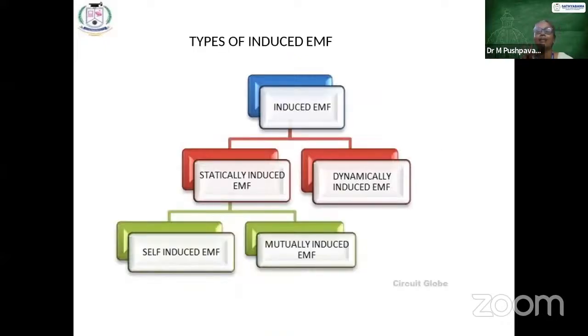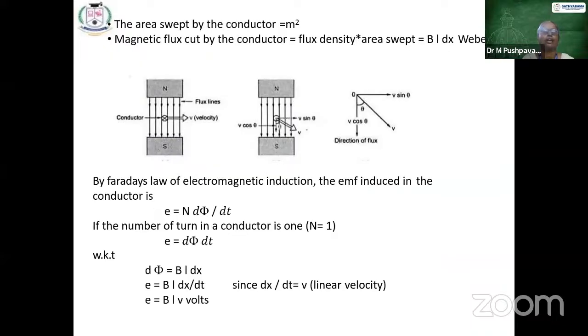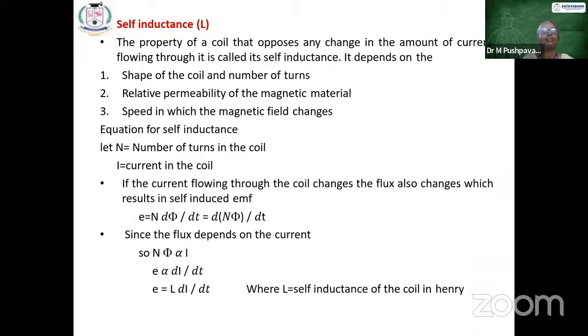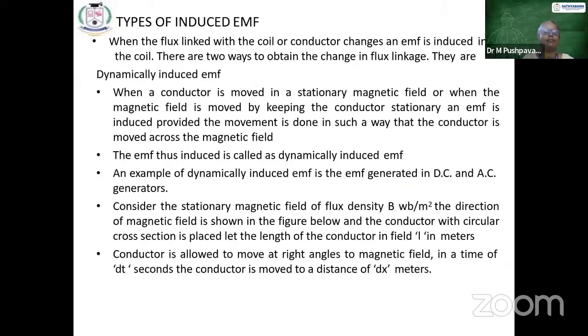Okay. This is another important part B theoretical question: types of induced EMF. Now, you have to explain all this, statically and dynamically. Statically, again, we have two expressions, self-induced EMF and mutually induced EMF. Okay, I think this is all covered, and I will write it here.